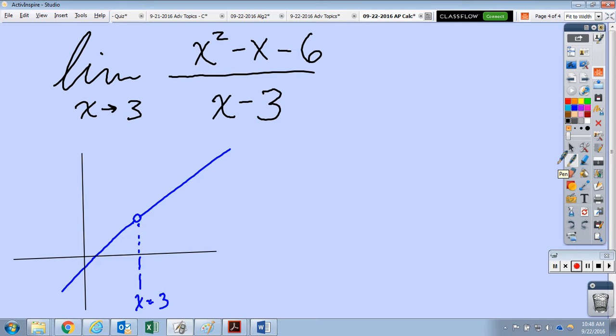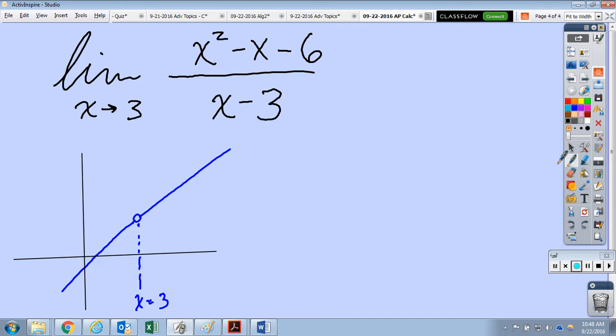This may not be the most accurate, but it's good enough. The general idea is that I have something to the power of 2 in the numerator and something to the power of 1 in the denominator. Just the big picture: a quadratic divided by a linear would give me another linear. So if this situation occurs, the limit as x approaches 3 would exist, even though we know there's definitely no value at 3.